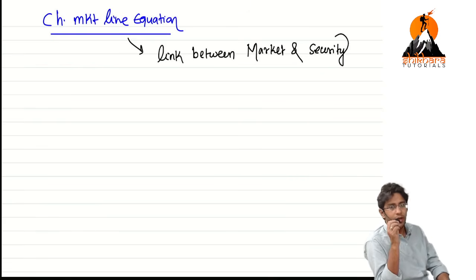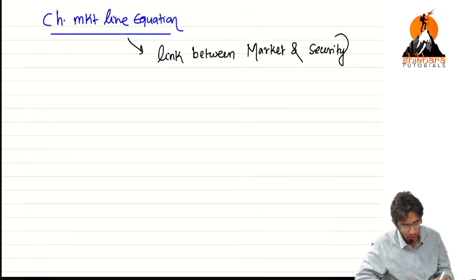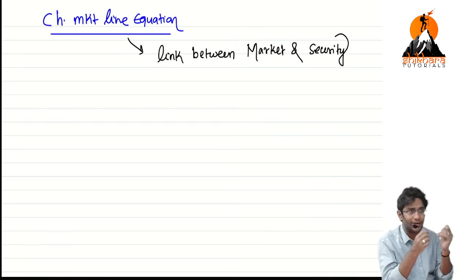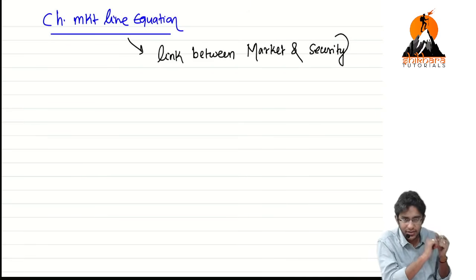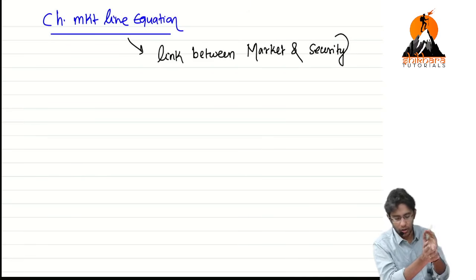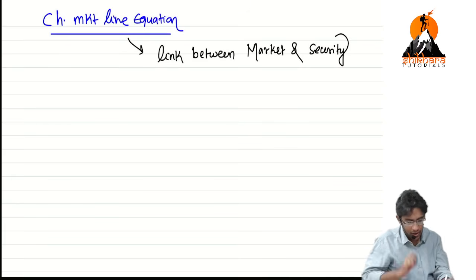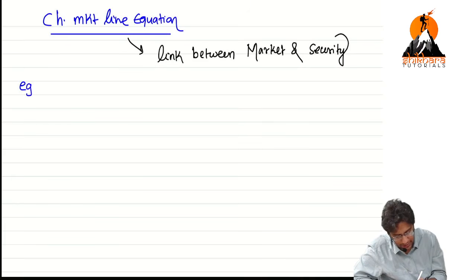You are establishing link between security and the market. Till now, all the graphs we have seen, we are establishing relation between risk and return. This is the only graph, or line equation, where the relation is not between risk and return, it's between market and the security.